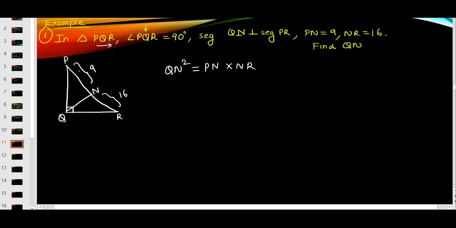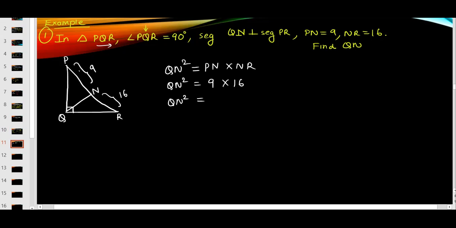So we have to find QN square. PN value is given and NR value is given. Just multiply those values and see what we get. Let me give you time to think and write the answer, or you can pause the video, write the answer and check it.